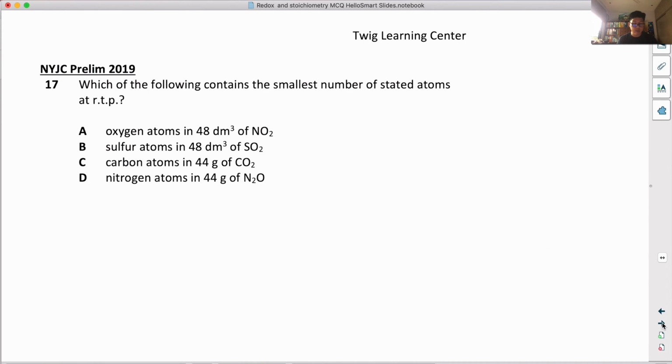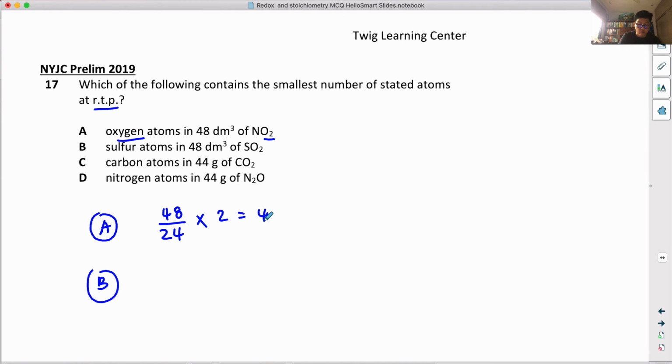Okay, let's look at the next one. Which of the following contains the smaller number of stated atoms? So we do A, B, C, and D. For A, we can find the number of moles of NO2. The number of moles of NO2 is 48 divided by 24, at RTP. But for the number of atoms, they state the oxygen atoms, so you must multiply by 2, because there are 2 oxygen in one molecule.